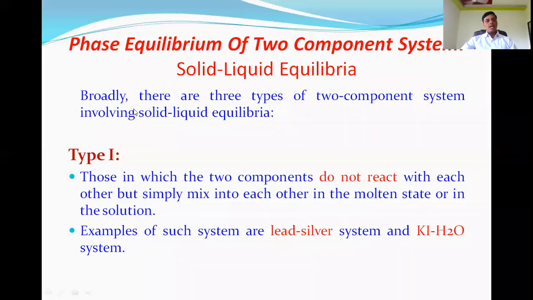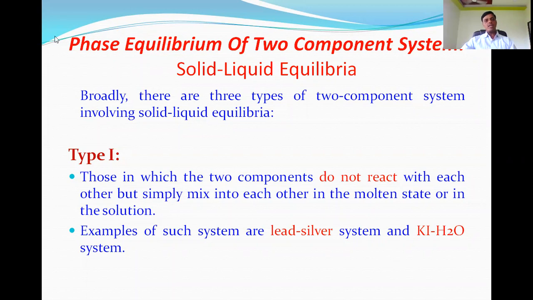Now, as we know that water system or one component system has only one kind of equilibrium stage. Either solid liquid, liquid vapor, or solid vapor, or all the three can exist.